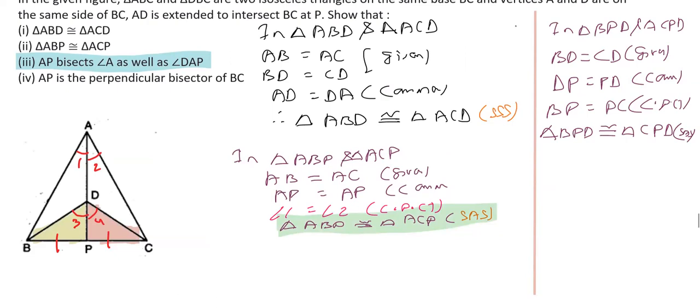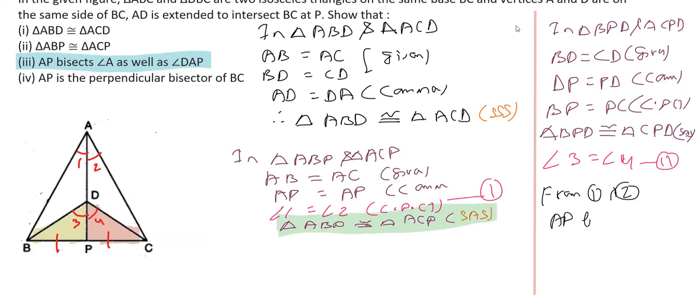Once the triangles are congruent, we can write angle 3 is equal to angle 4. If you mark this equation as 1 and this as 2, from 1 and 2, AP bisects angle A as well as angle D. That's the third part of this sum.